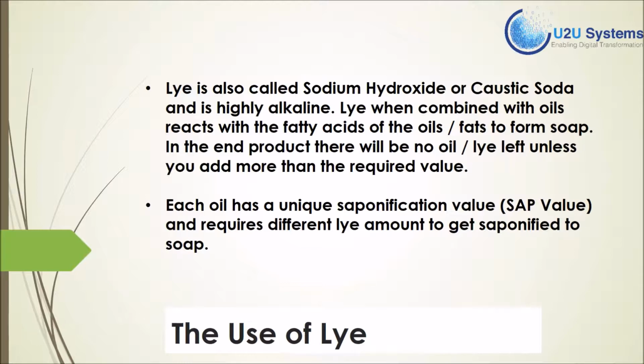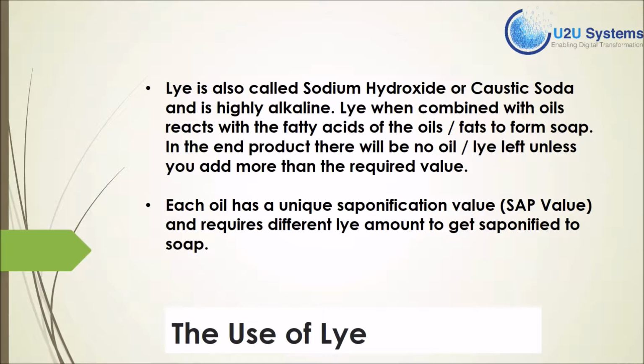We must also understand the use of lye. Lye, which is also called sodium hydroxide or caustic soda, is highly alkaline. When combined with oils, it reacts with fatty acids to form soap.